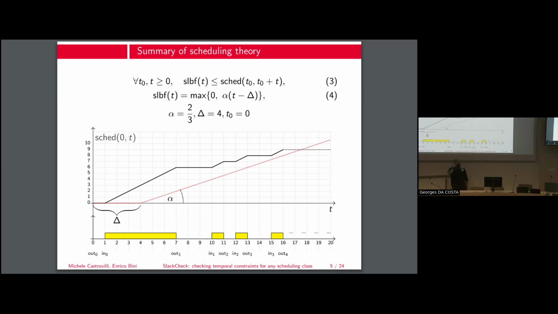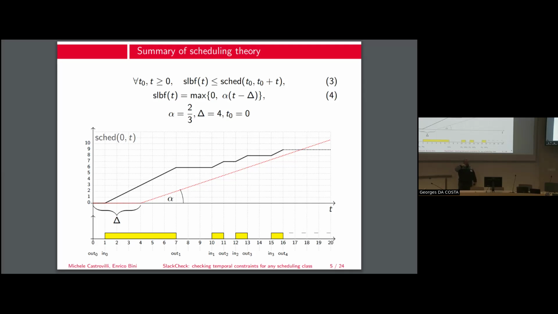But the difficult part of this checking, of course, is not that the sum of the execution is always above it, because if it's like this, it's kind of trivial. The issue is that, since it's for every t0, this linear lower bound function can start at any point of the scheduling function.